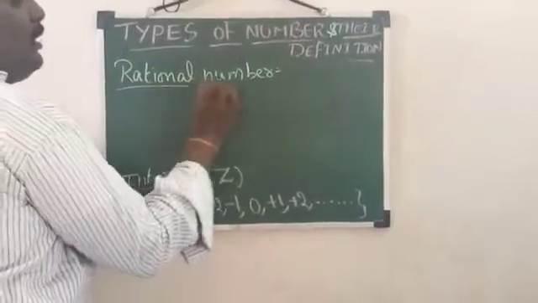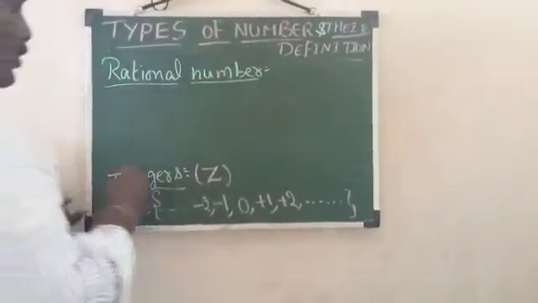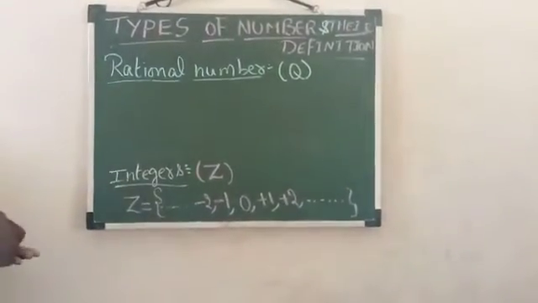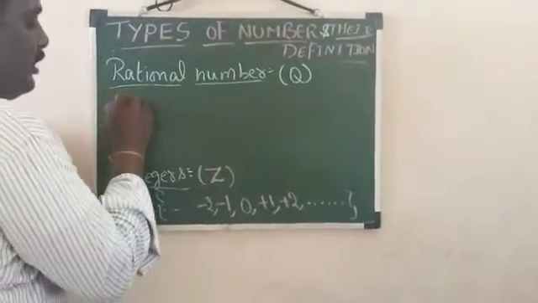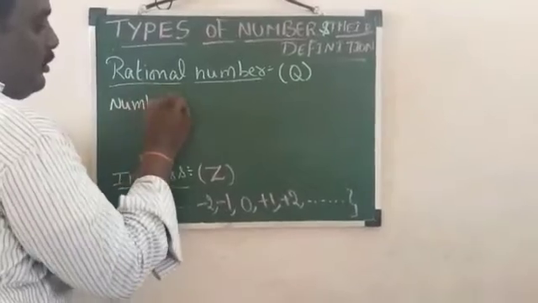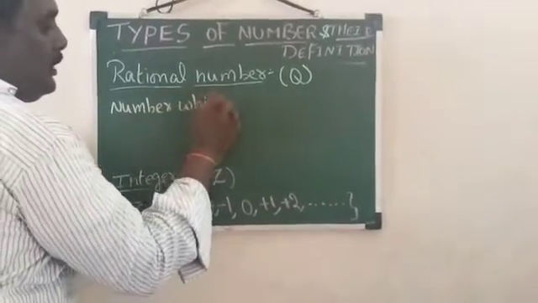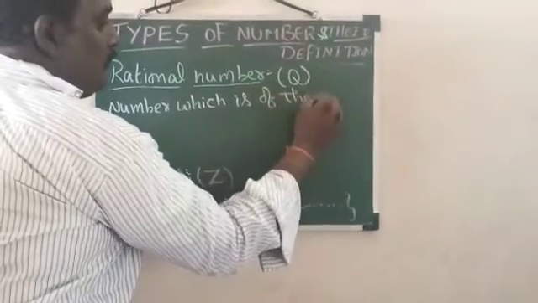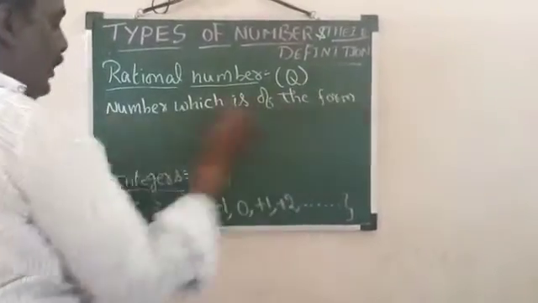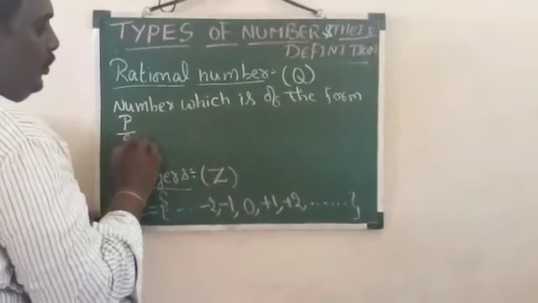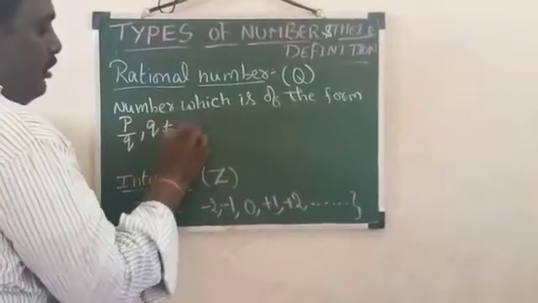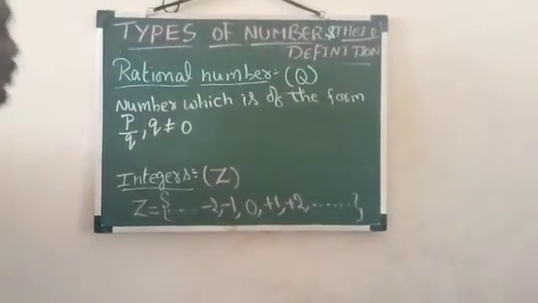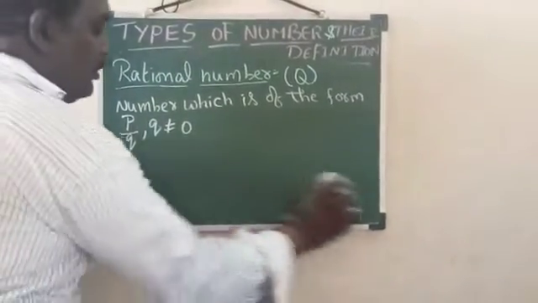A rational number is denoted by Q. The definition says it is a number which is of the form p by q, where q is not equal to 0.